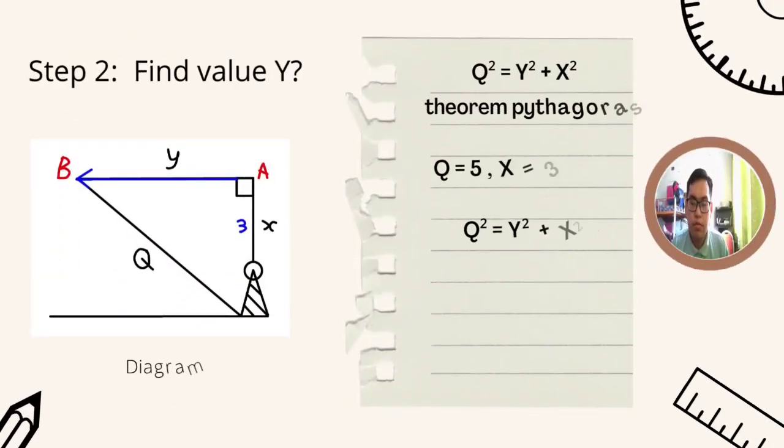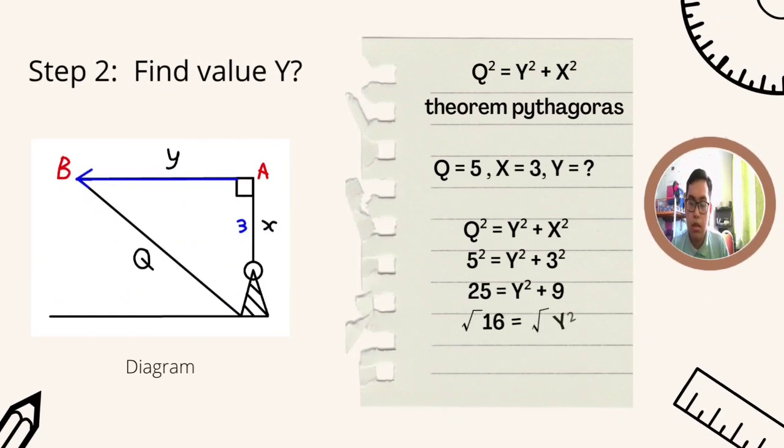So in step 1, we already identified the question and found the important things. In step 2, we are going to find the value y because we don't know the y value yet. So we are going to use the Pythagorean theorem. q squared equals y squared plus x squared. q is 5 and x is 3.